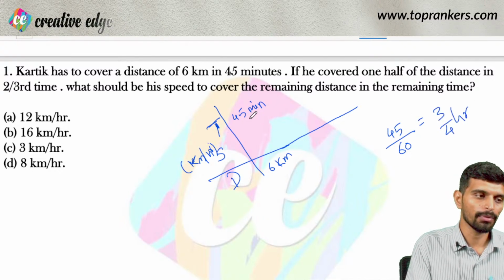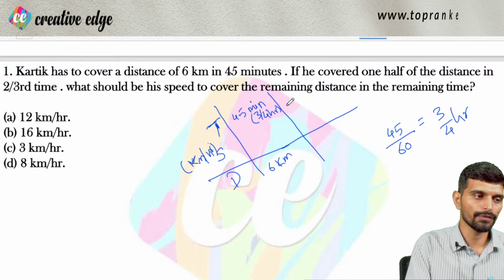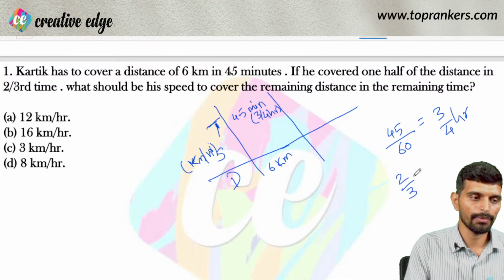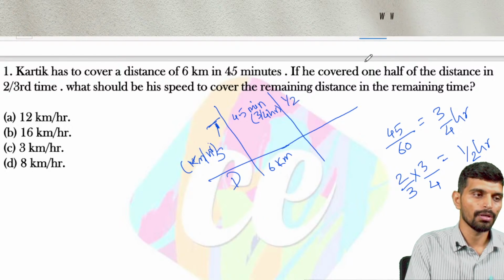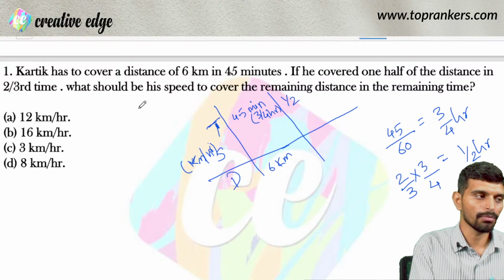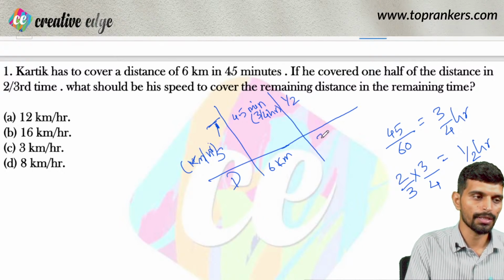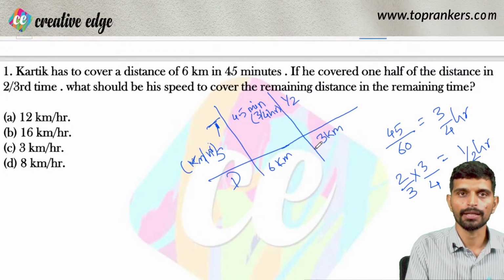So the total time available is 3/4 hour, of which 2/3 of the time has been spent. 2/3 of 3/4 is 1/2 hour, which has been taken by Karthik to cover half of the distance. Half of 6 kilometers is 3 kilometers.